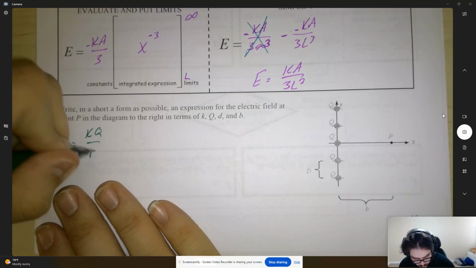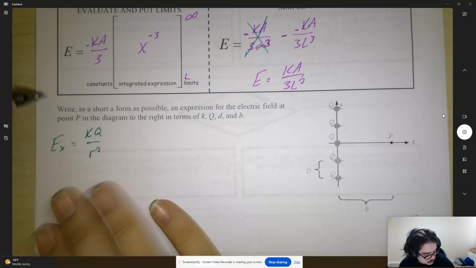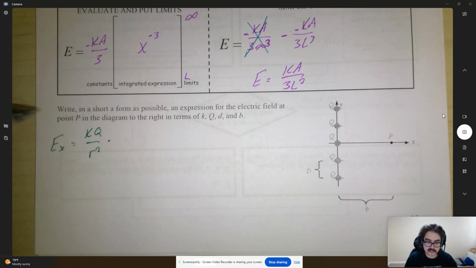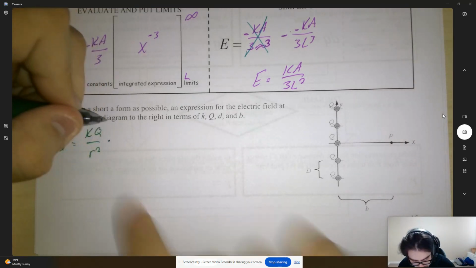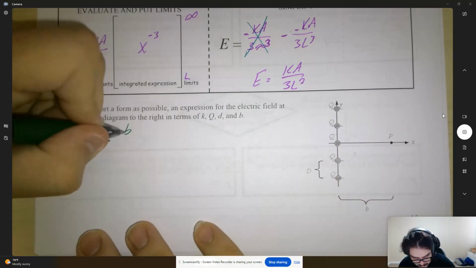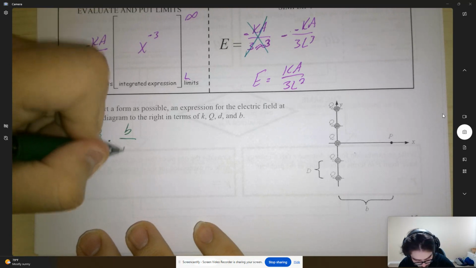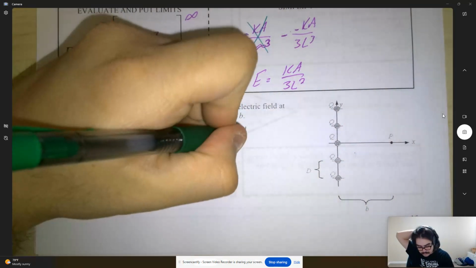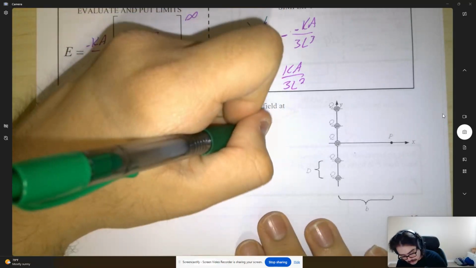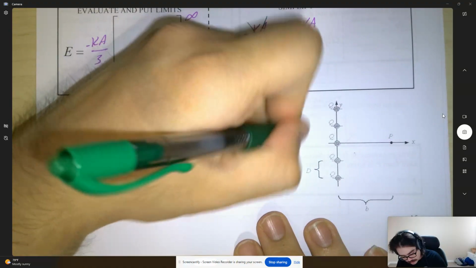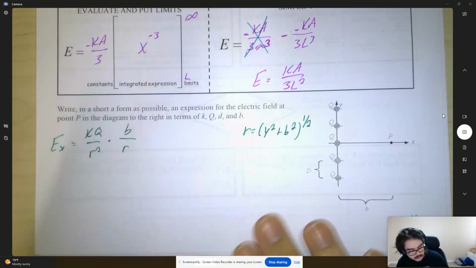kq over r squared, times the cosine, because it's the x component. The cosine is the adjacent over hypotenuse, which is going to be b over r. R would have to be equal to y squared plus b squared to the 1/2 power.